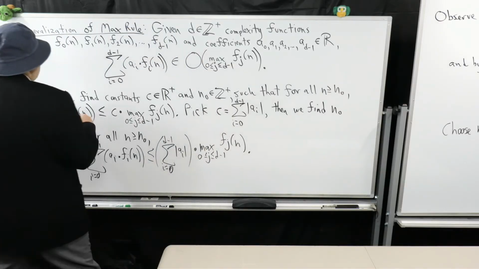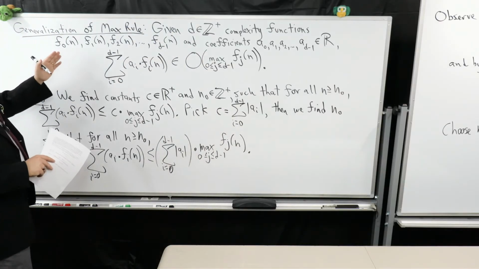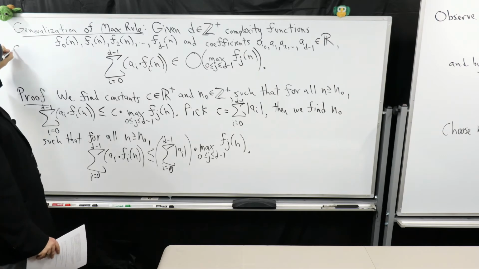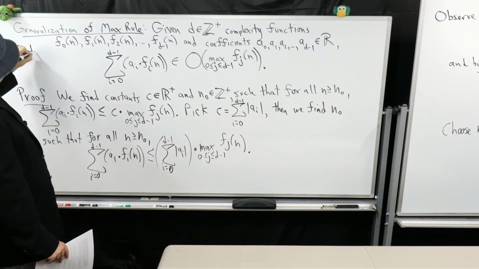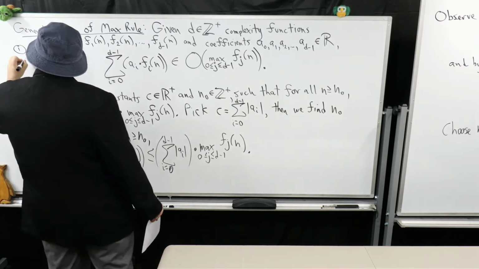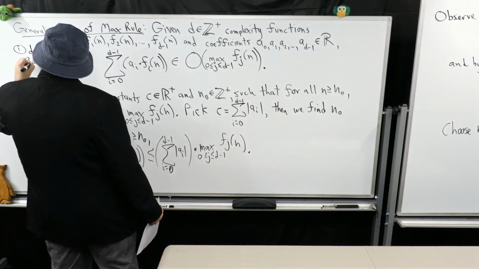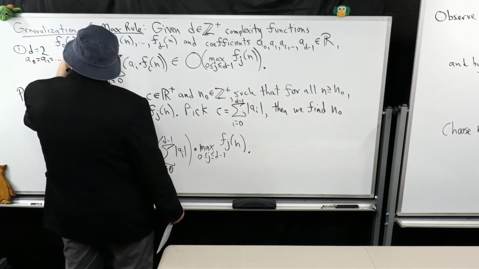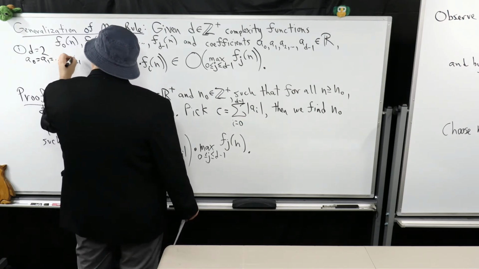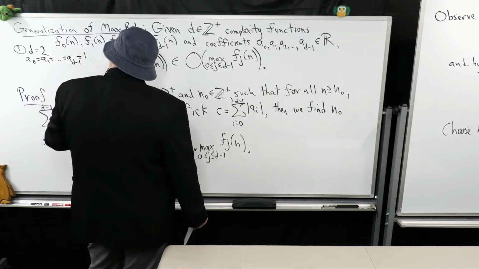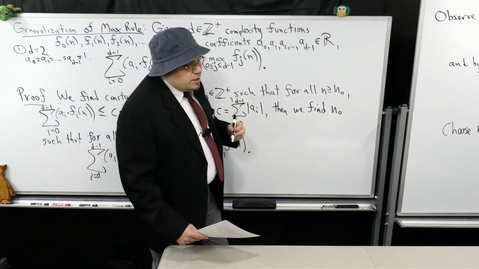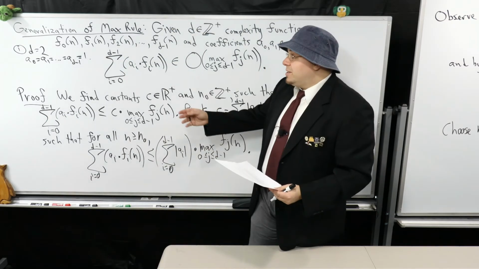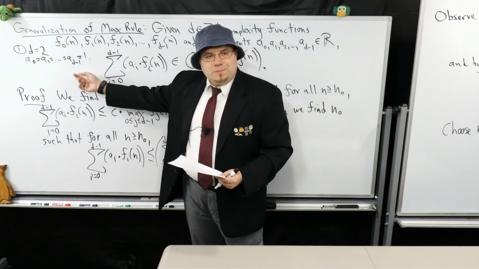So the first thing I want to point out to you is that if d is equal to 2, and you set a sub 0, a sub 1, all the way up to a sub d minus 1, if they're all equal to 1, you'll notice very quickly that this is actually the thing we proved before for the max rule.